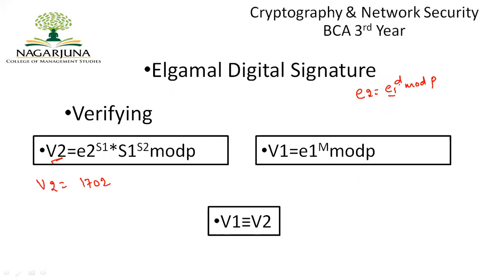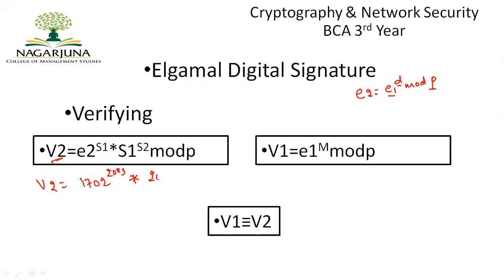We have got E1 and we also have D, and just substitute the value of P as 3119. So after substituting this, we have the value of E2 as 1702 to the power of S1, where S1 is 2083, and perform a product operation.